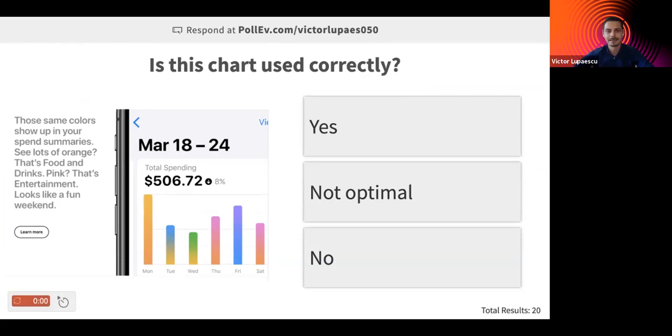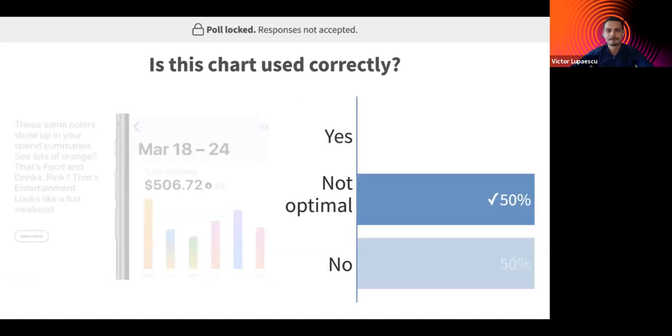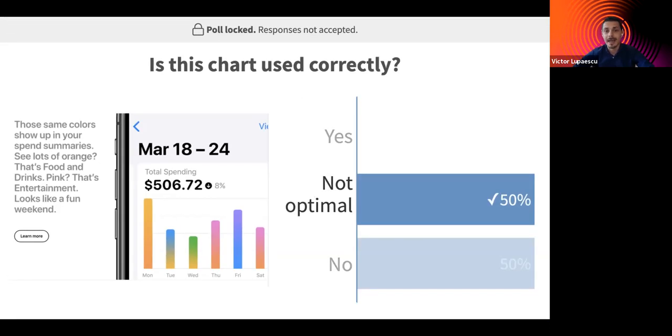Okay, let's see. So the answer is not optimal because the chart fits its purpose in a sense of, okay, it's a bar chart. I can see the trend quite easily. Why it's not optimal is the usage of color and more precisely the usage of gradient, because I can't really know where orange ends and blue begins and so on. So 50%.